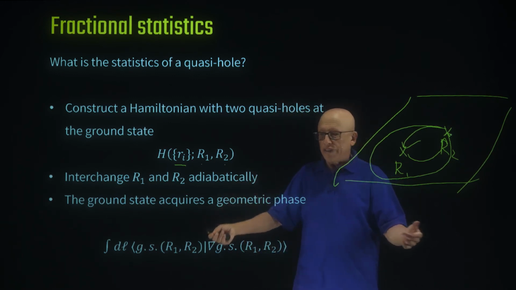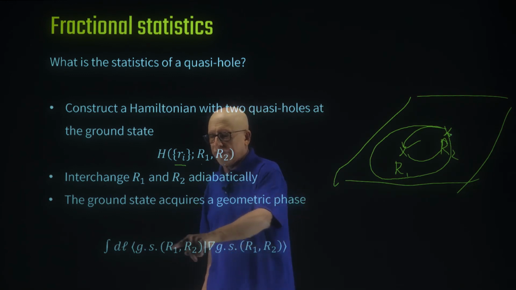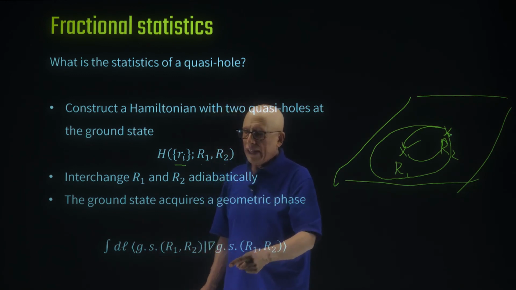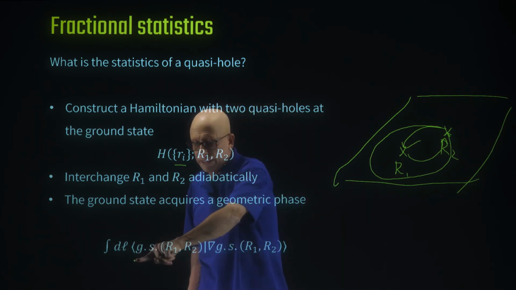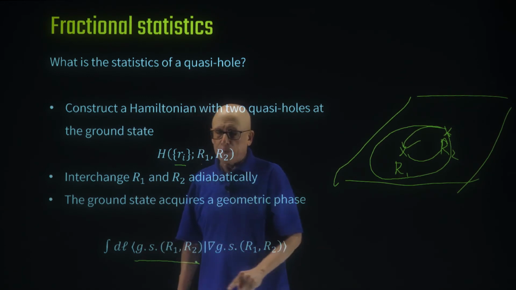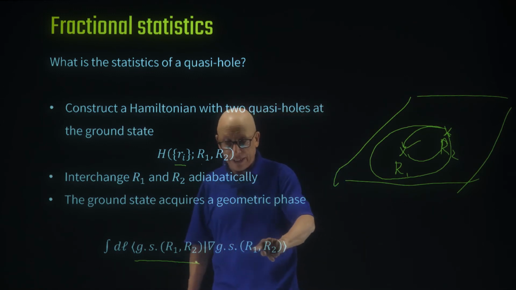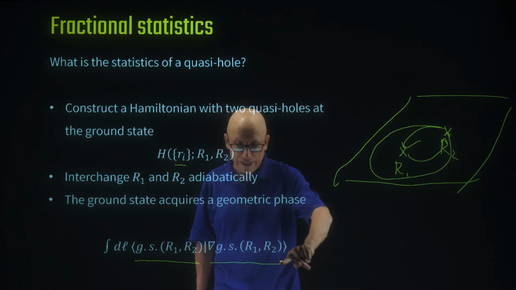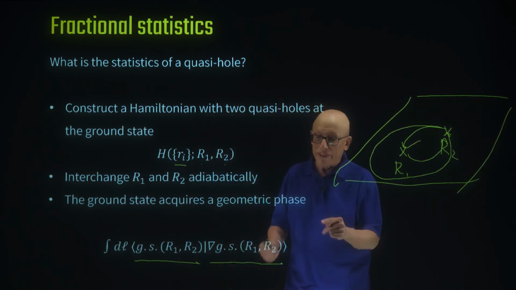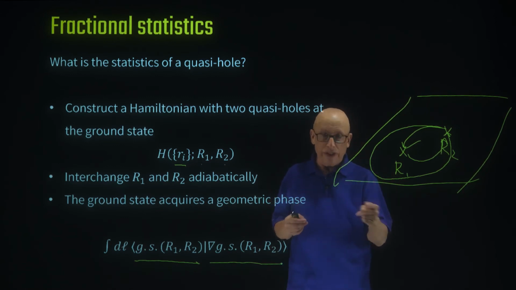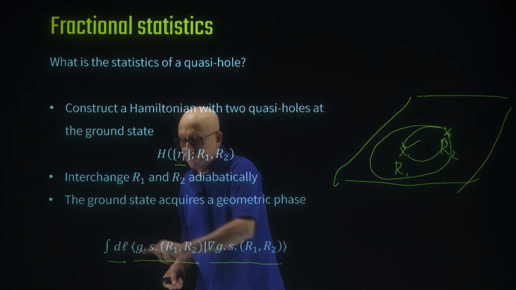In order to get the geometric phase, we need to look at the scalar product of the ground state for a particular position, R1 and R2, of the quasi-holes, sandwiched with the gradient of the same wave function with respect to these two parameters, along the trajectory that these two parameters take, and integrate over the trajectory.